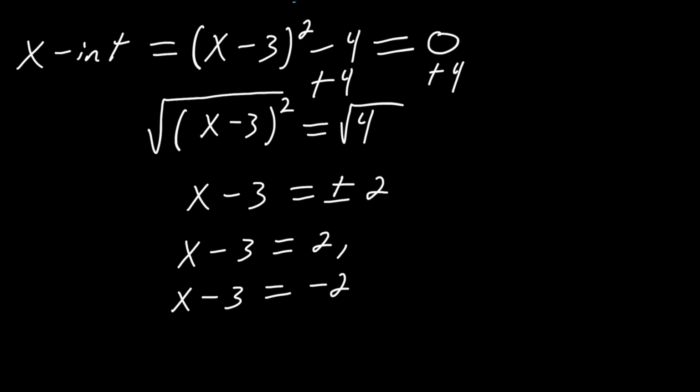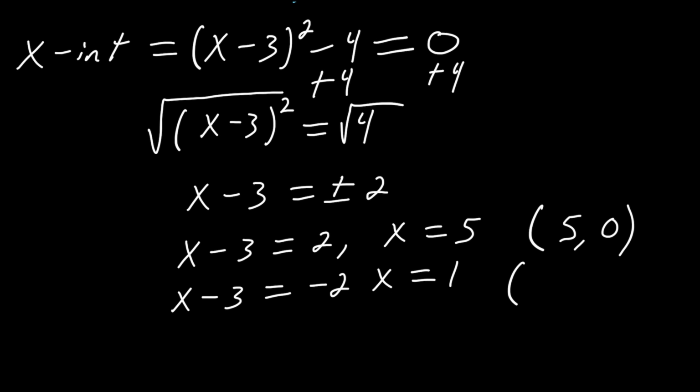In order for x minus 3 to equal 2, x equals 5. And in order for x minus 3 to equal negative 2, x needs to be 1. 1 minus 3 equals negative 2. Now we can write these out as ordered pairs. That's going to be (5, 0) and (1, 0).